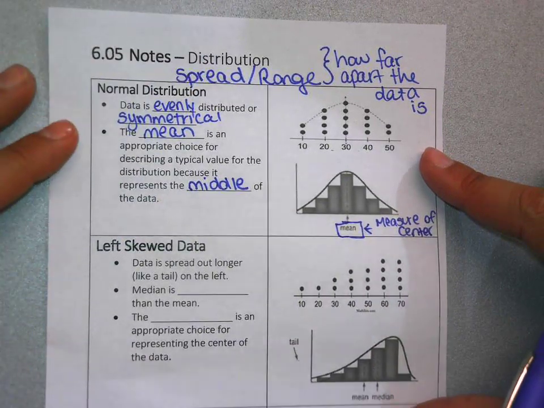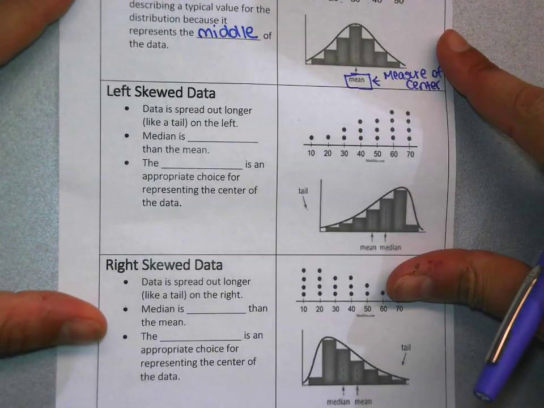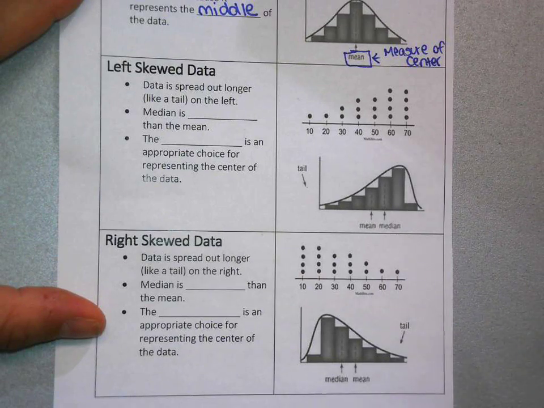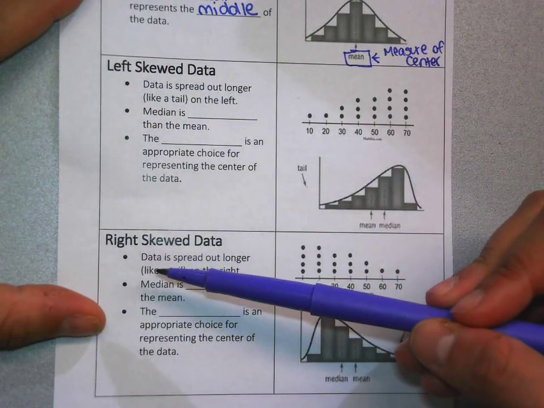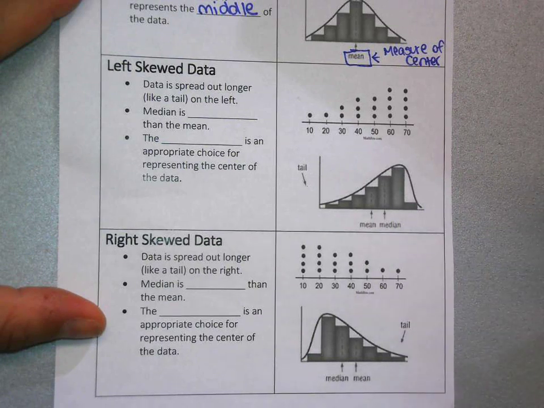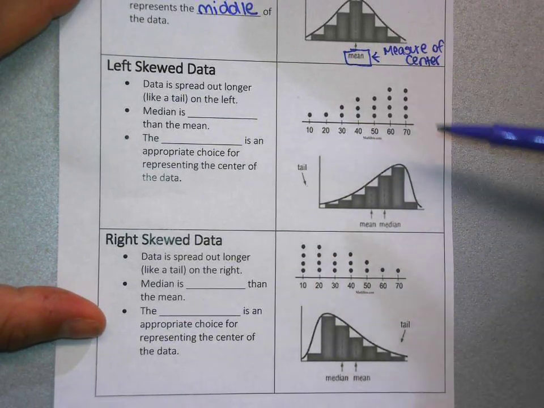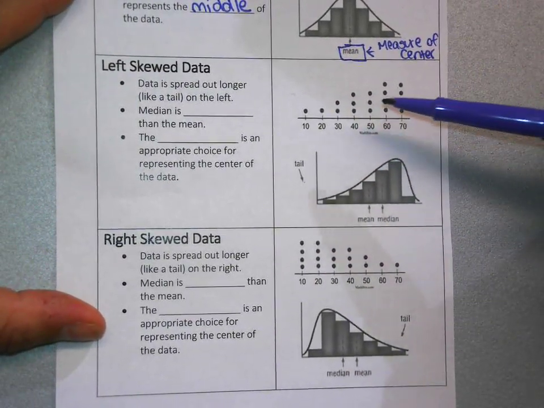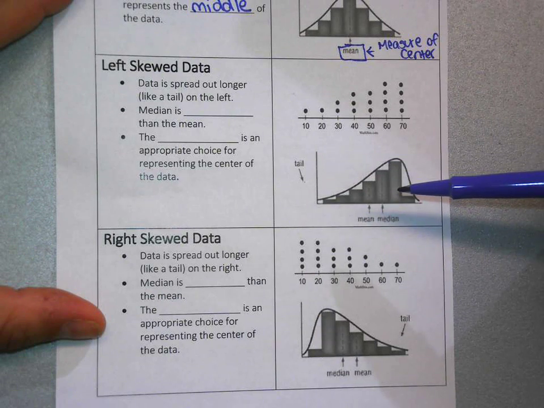Now, graphs that are skewed can either be skewed left or right. And there can also be some that don't really have any sort of skew, they're just all over the place, but we're not going to talk about those today. So when data is skewed, this is something I don't want to see when I give a test and I'm putting all my grades in the grade book.